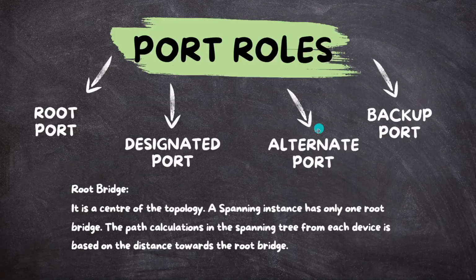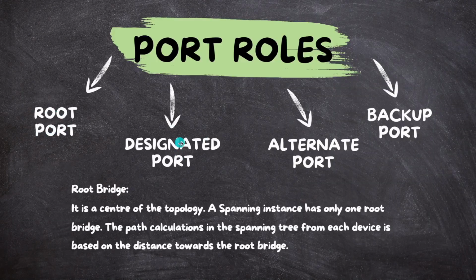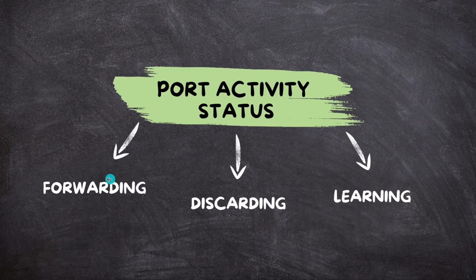So the alternate ports will mostly have the discarding status. Forwarding means that the port is actively accepting and forwarding the traffic. So all the root ports and designated ports will mostly have the forwarding status.